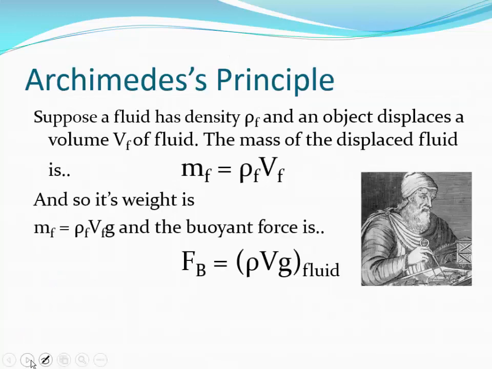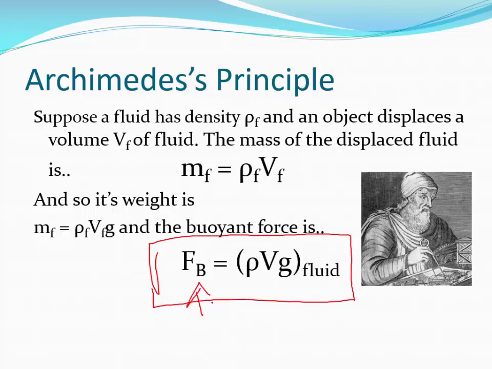So this is essentially what I wrote for you before. This is what we term Archimedes' principle: the buoyant force is equal to the weight of the fluid that is displaced, because rho times volume is mass, and mass times gravity is weight. And there's Archimedes.